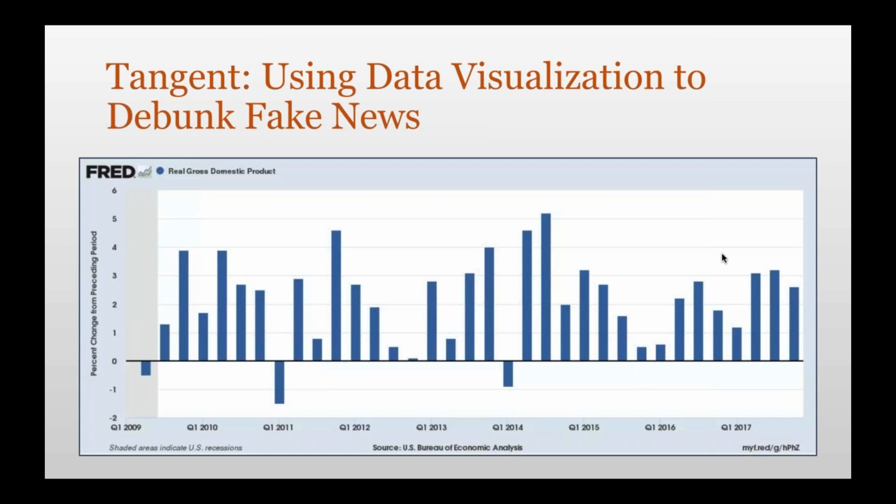Those numbers are correct. In those 2 quarters, growth did decline. But when you're looking at the full context, none of that really matters. It's all within the natural variation of GDP growth for the past 10 years.